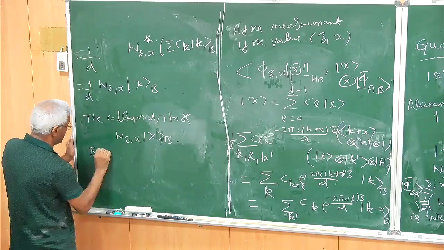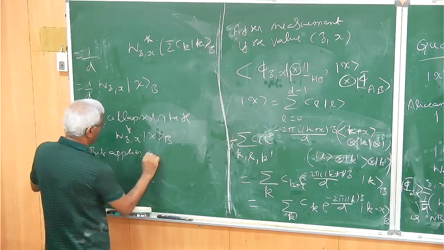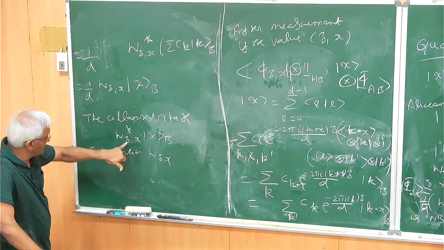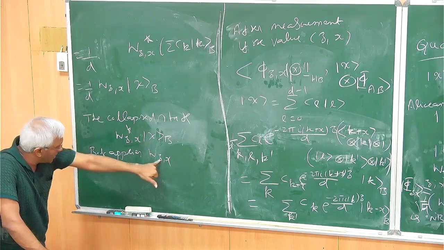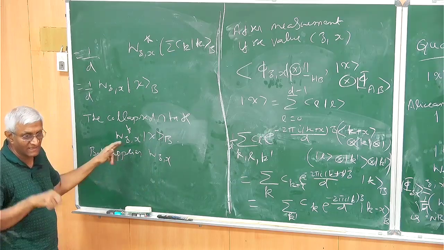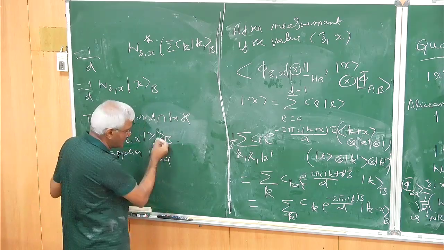Now Bob applies. Alice will get the measurement ZX. She will send that measurement through classical channel, and then once Bob knows this ZX through classical channel, Bob will apply this on his vector. He doesn't know the vector.